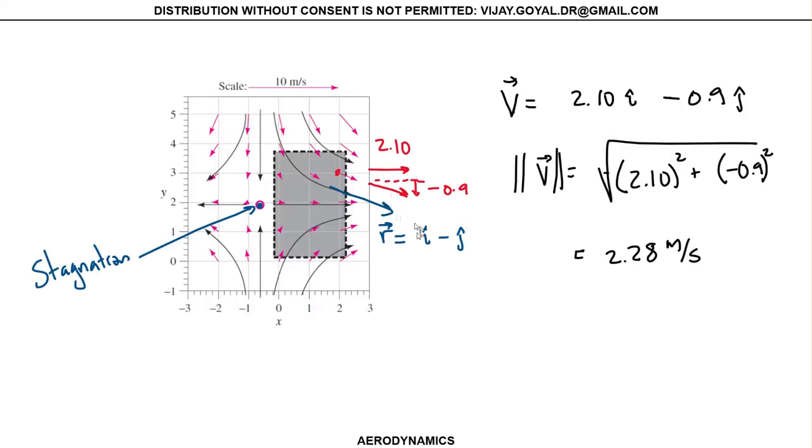So I can take V dot R, which will give me the projection of V over R. If I do the dot product at the same location, that would give me 2.10i minus 0.9j, and I'm going to do a dot product with 1 and minus 1.